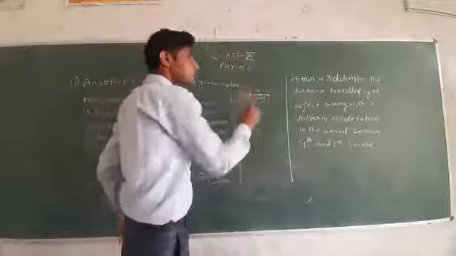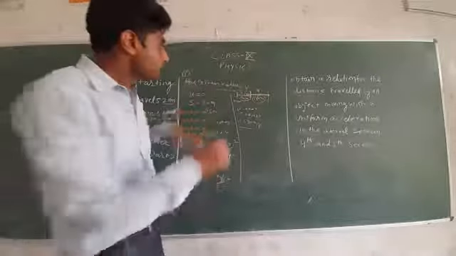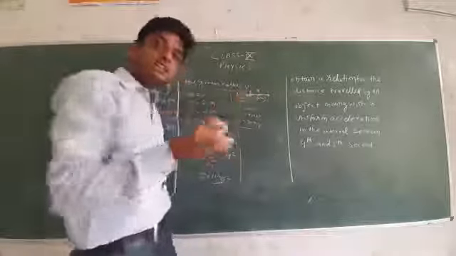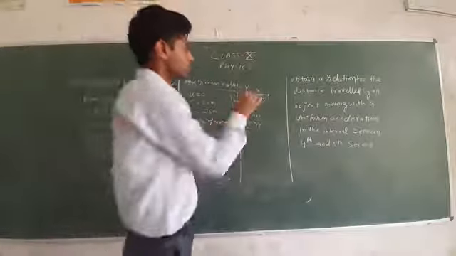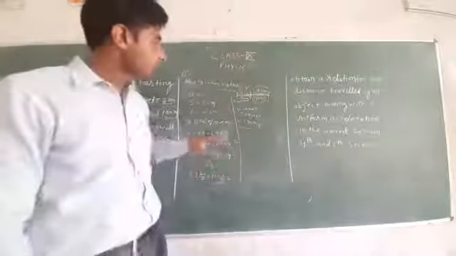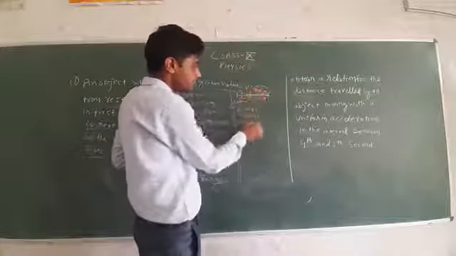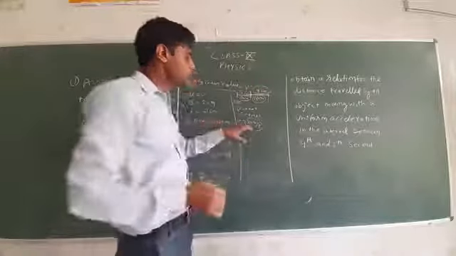This final velocity behaves as the initial velocity for the next motion. Clear? The initial velocity u is 0 and the final is 20 after 2 seconds.